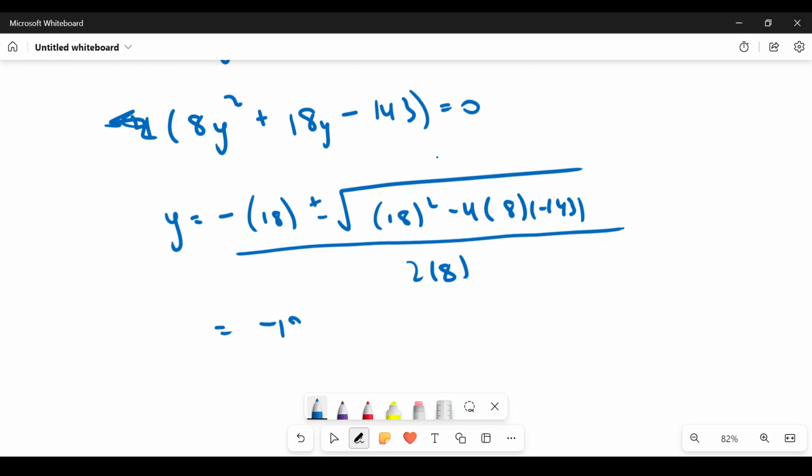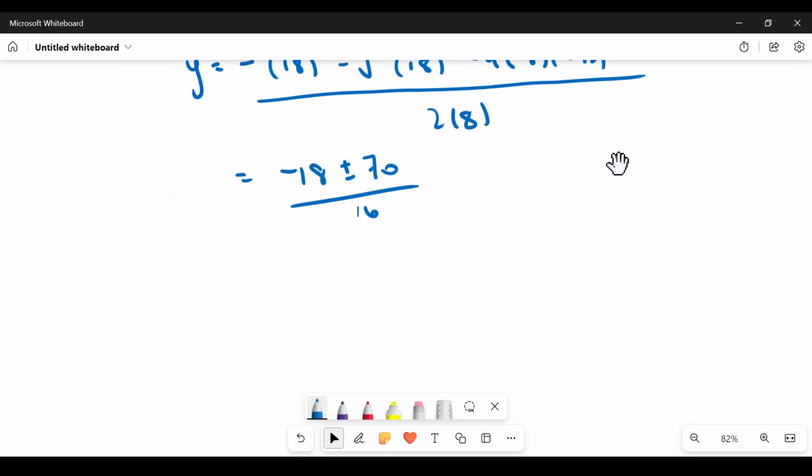So y is negative 18 plus or minus something over 16. Hello, calculator. Ooh, so it could have been factored because that is just the square root of 4900, which is 70. So y equals negative 18 plus 70 divided by 16.